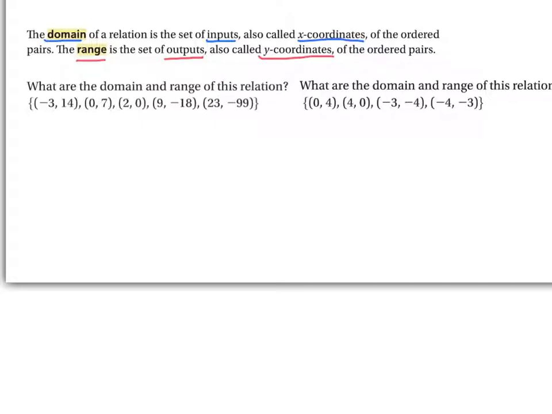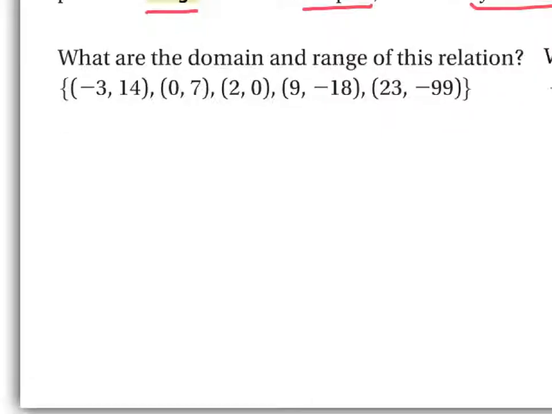Domain, remember, stands for the inputs or the x values. The range stands for the outputs or the y values. So, if you remember from Tuesday, we took that pretest. The first question on that pretest was what's the domain and range given a bunch of points. All they wanted you to do to list your domain is list the x coordinates.